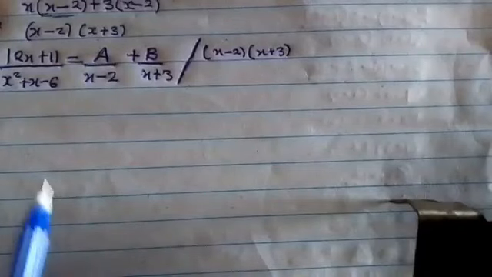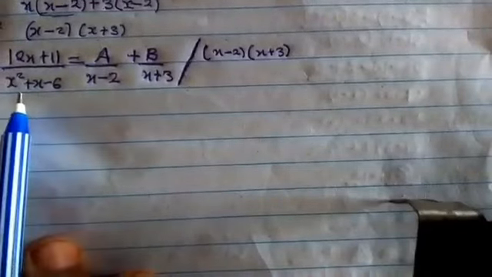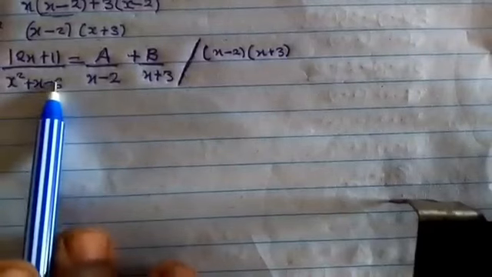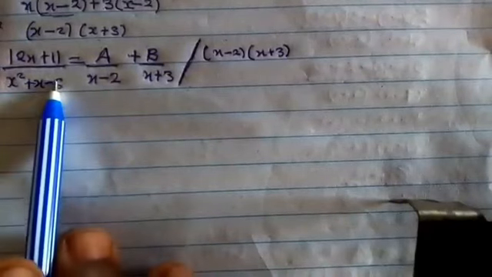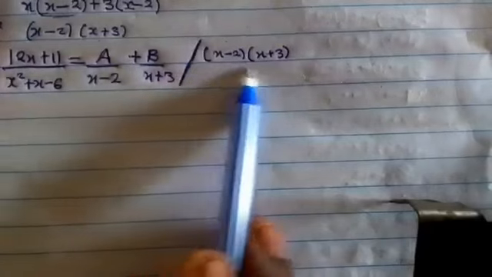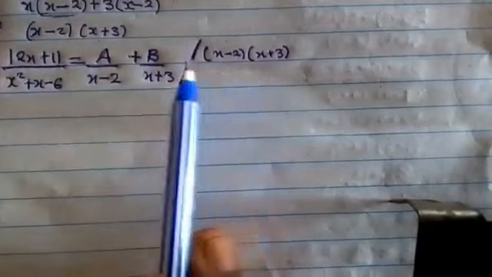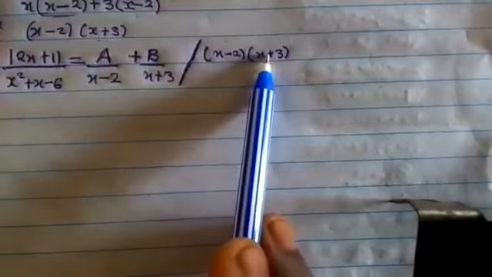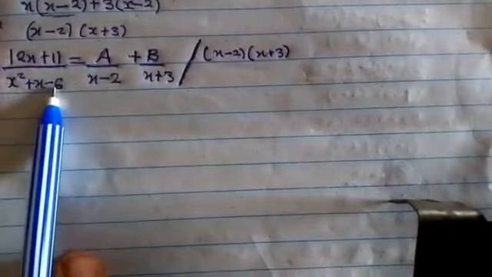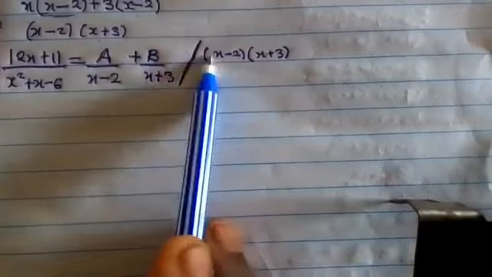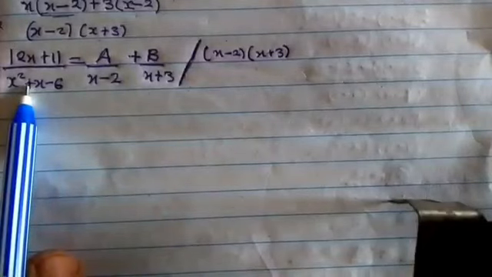During our calculations, we expressed this quadratic in the form of linear factors, which means these linear factors are equal to this quadratic. Therefore, the linear factors and the quadratic cancel each other.